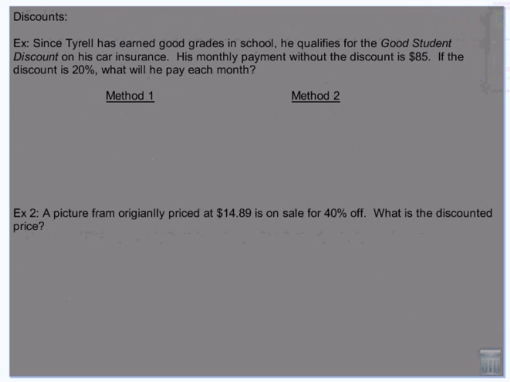More fun than tax. Discounts happen when you take the purchase price and you subtract a sale percent. And the sale percent is found the same way that tax is. It's the percent times the price. Gives you the discount. So we can do this in 2 methods too.